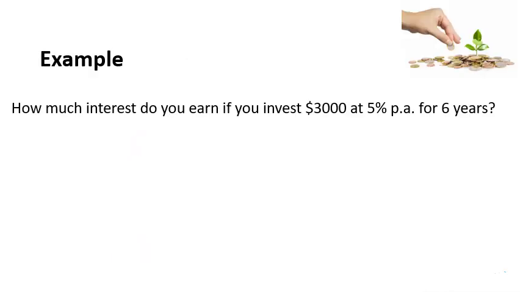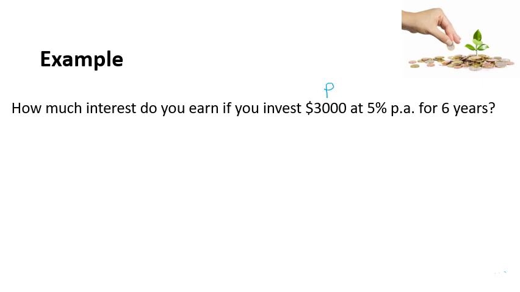Let's have a go applying the formula in this example. How much interest do you earn if you invest $3,000 at 5% per annum for 6 years? So the first thing you need to do is label what each part is. So the initial amount invested, that's the principal, so that's 3,000.